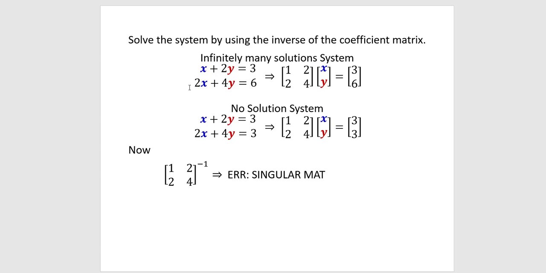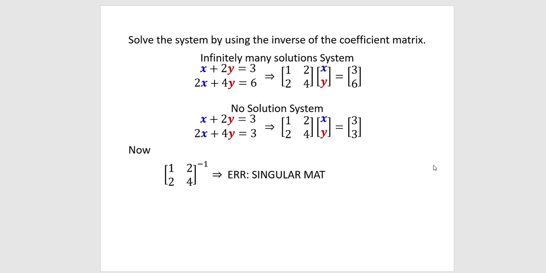What I mean is, if you multiply each element of the first row by 2, you get the second row. On the no solution system, the variable terms only on the second row are multiples of the first row. What I mean is that if you multiply each element of the first row by 2, you will get the variable terms, but not the constant term. This is the basic difference between the systems of infinitely many solutions and no solutions.